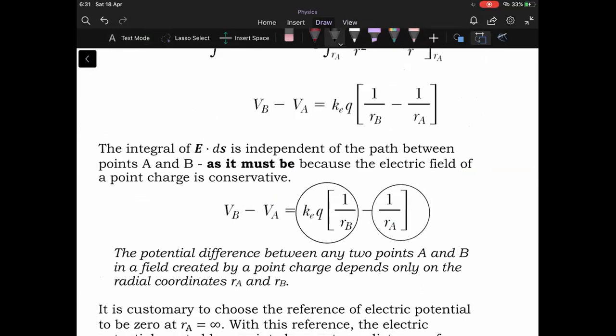Now, if I wish to find out the absolute potential, what I will do is, the definition says that it is the amount of work done in bringing a unit test positive charge from infinity.